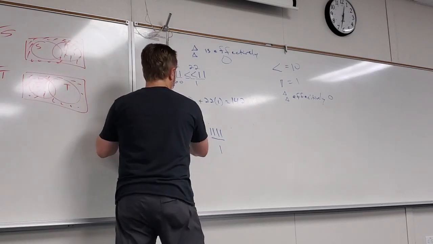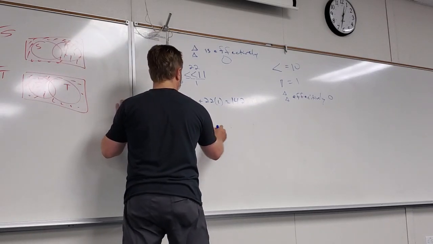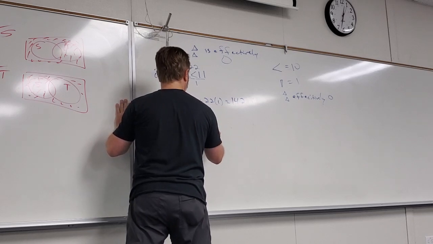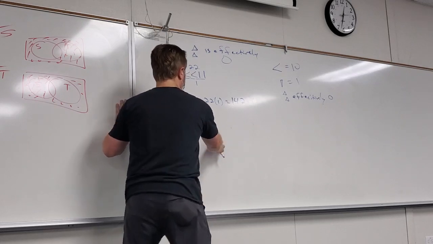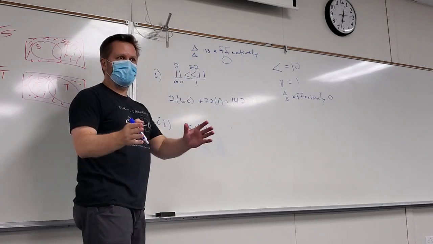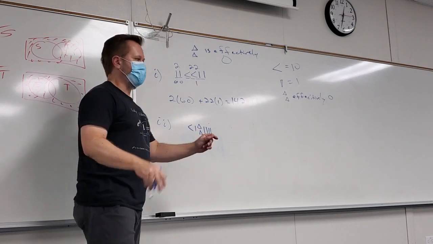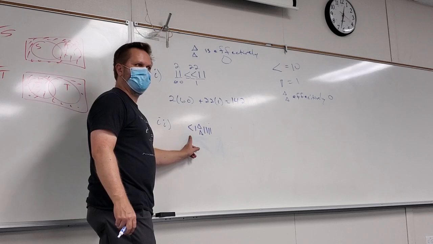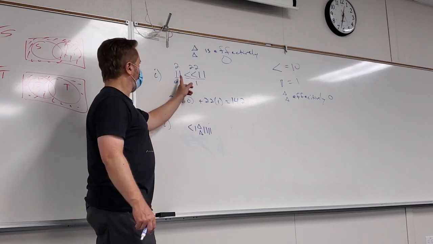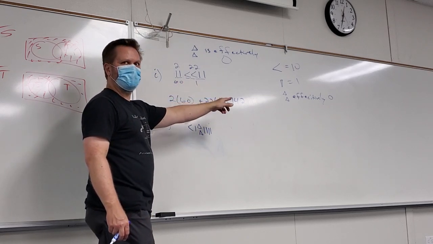So let me draw it more like the book would draw it. There. That's how it would look in the book. But this is actually a little more in your face, obvious, because this means there's a place there, which means it's separating a place here and a place there. So when they do this, it's a little bit more evil.